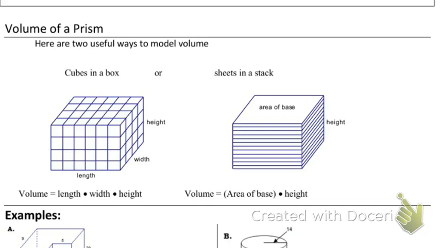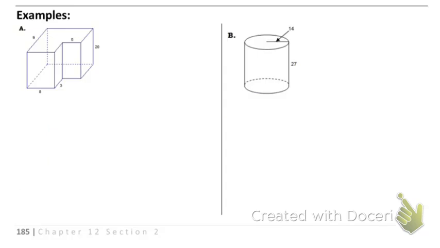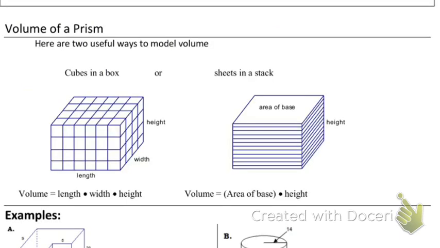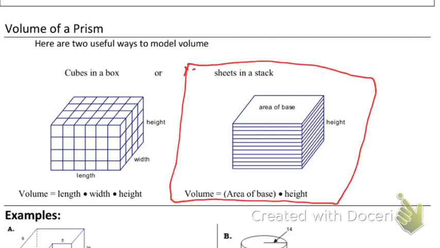However, when we get to different shapes, like A and B, we can't really do length times width times height, especially with a cylinder like this, because you can't put a bunch of cubes in it. For problems like that, we're going to focus more on using this idea that we can look at volume as just calculating the area of a base.